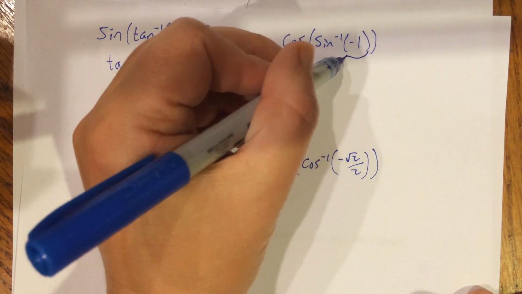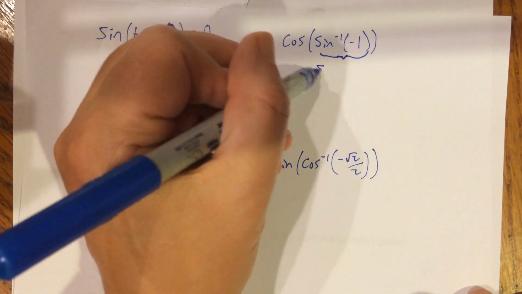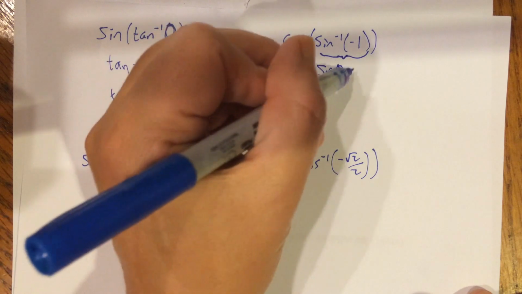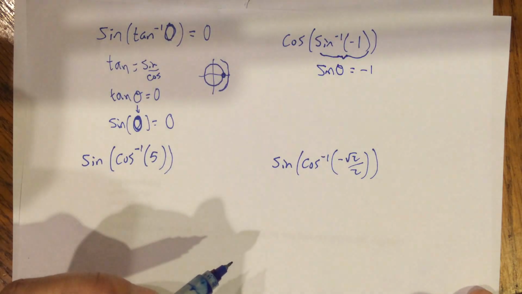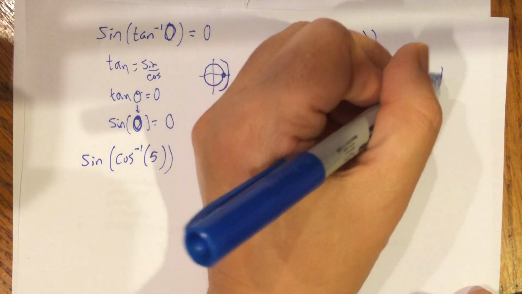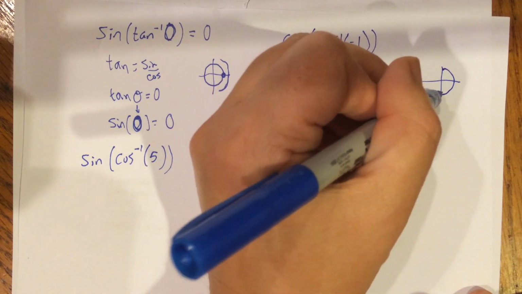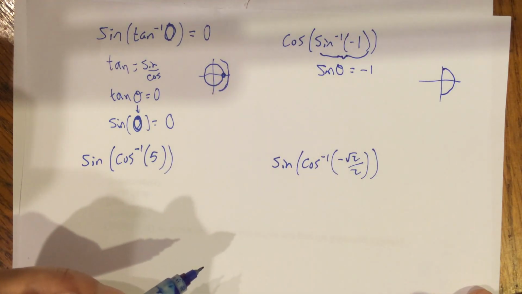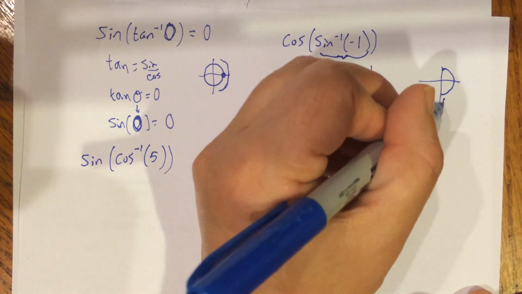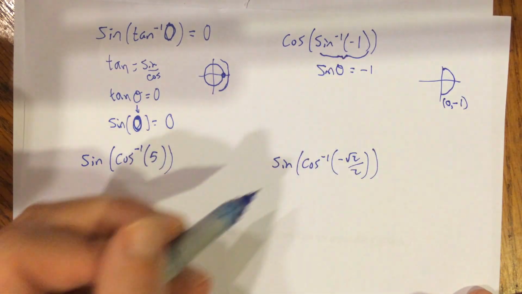So sine inverse of -1 we'll look at first. And again, that's saying what is my sine that would give me -1. Again, -1 doesn't come from my chart, so I'm going to draw a unit circle. For sine, I only have to care about this part. And sine is my y's, so I'm really looking at 0 and -1.